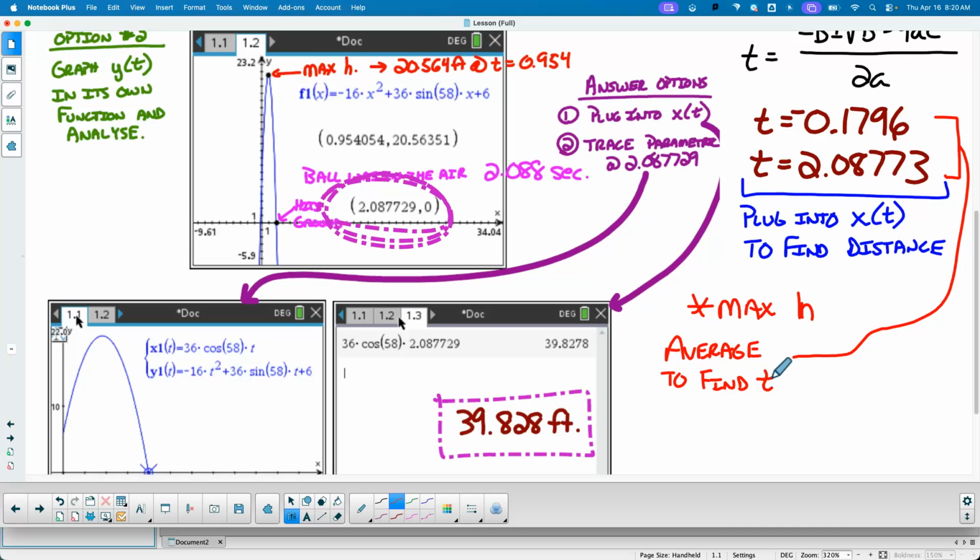Okay? So you need to find the average of those two numbers to then find the t value that it's at, where that happens. So let's go back here.